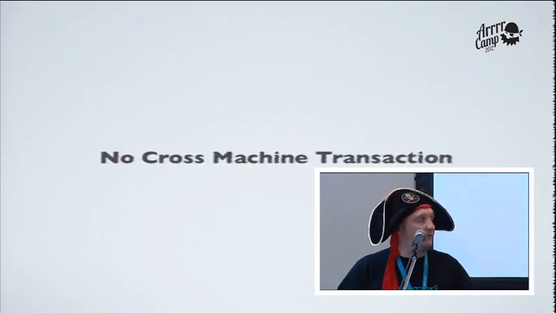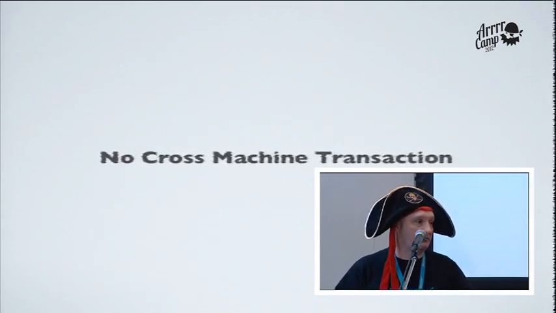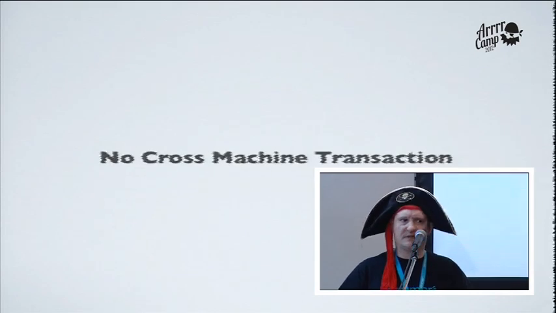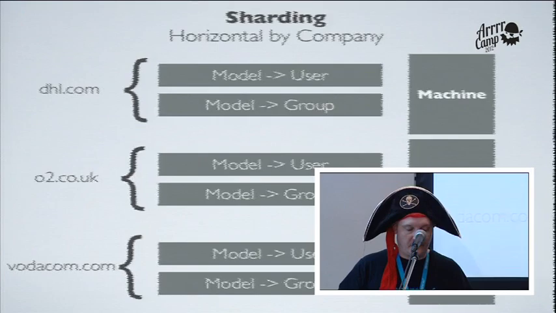The key point of our sharding schema is to avoid cross-machine transactions. Again, this is about speed. If we are doing transactions through several machines, we lose speed.